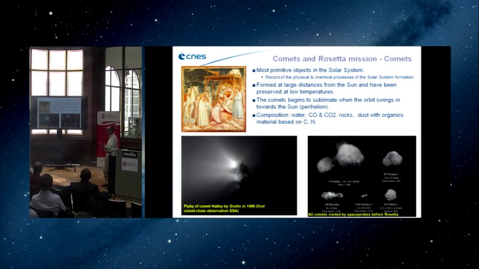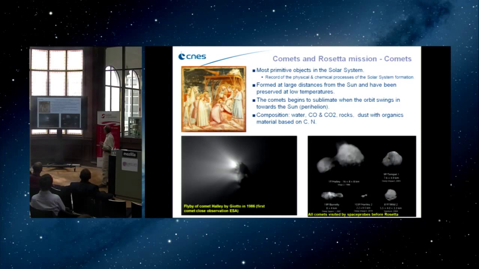And sometimes they are ejected from the Kuiper belt because of gravity perturbation, and they leave the circular orbit and go to an elliptical orbit, where the perihelion comes closer to the Sun, and when the perihelion comes closer to the Sun, they start to warm up and to sublimate.